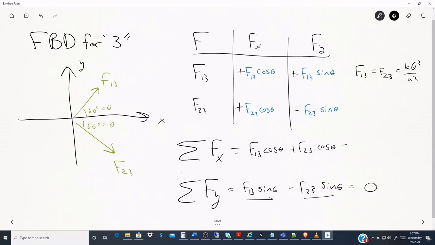Whereas at the top, this is actually just 2k q squared over a squared times cosine of theta. And so my answer is that the net force's x component is non-zero and positive, whereas the y component is 0.